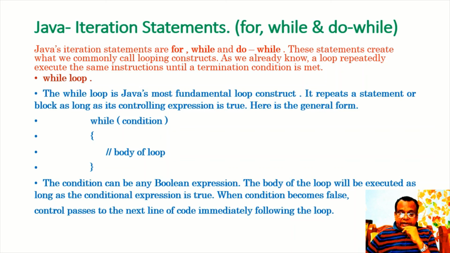The condition can be any Boolean expression. The body of the loop will be executed as long as the conditional expression is true. When the condition becomes false, control passes to the next line of code immediately following the loop. Fine.